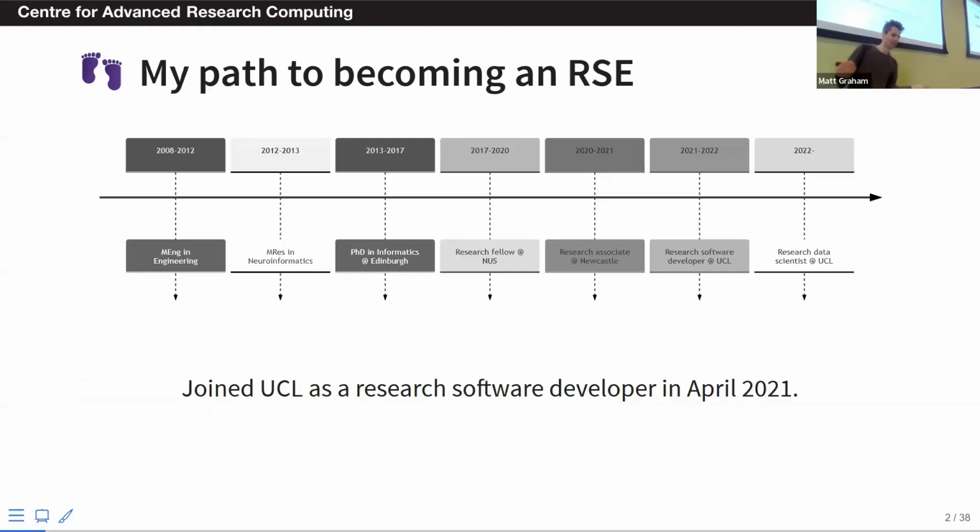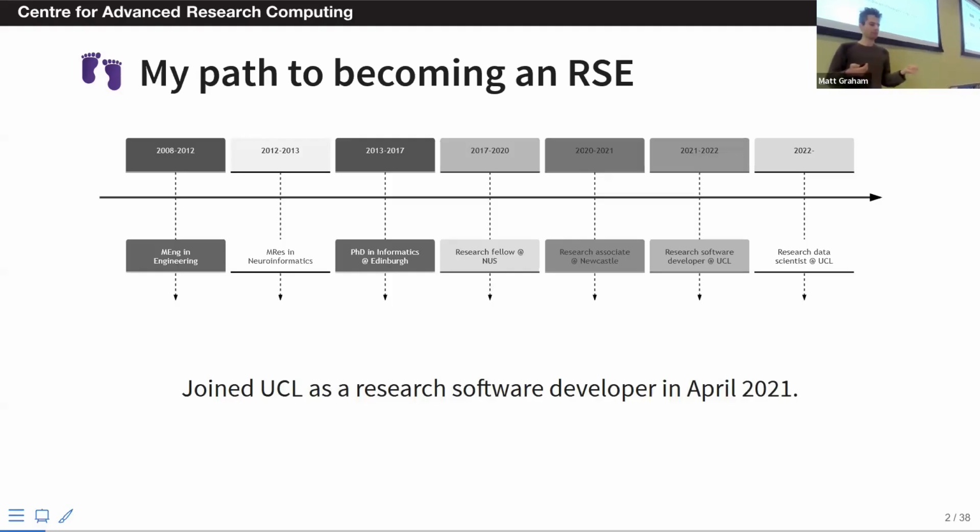But what I did learn about while I was at the Alan Turing Institute was the research engineering group there and this role of research software engineering. So when I saw a position come up at UCL for research software developer, I applied for it and was pleasantly surprised when I got the job offer. And that's when I first moved into this RSE type role.